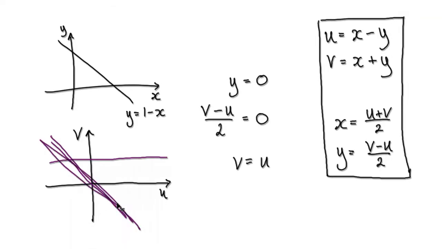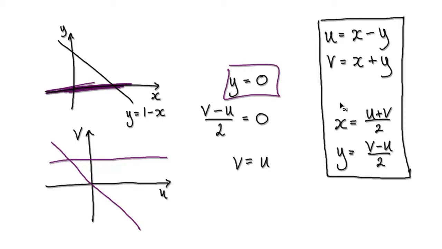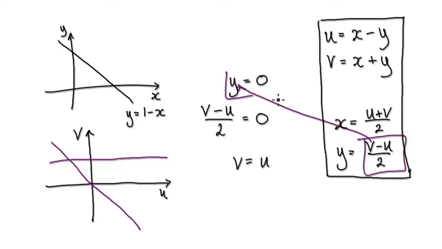And now let's investigate y equals 0. Let's investigate this line here. That line there is y equals 0. So put this into the y. Then this thing here will become this. Make v the subject. So v equals u. So you've got another diagonal line.